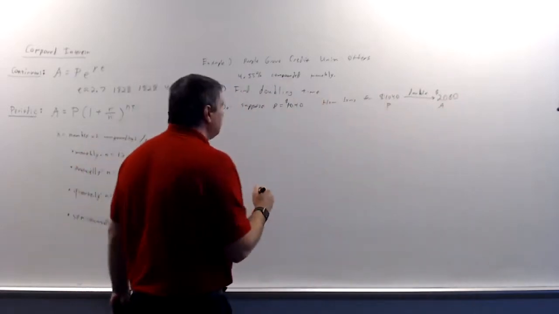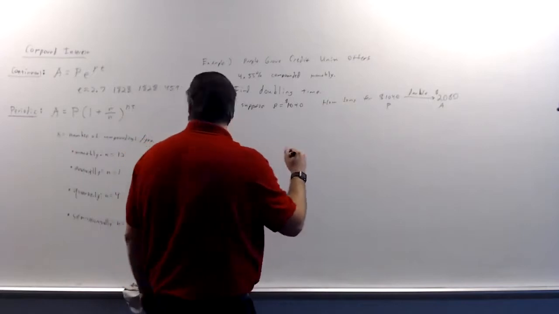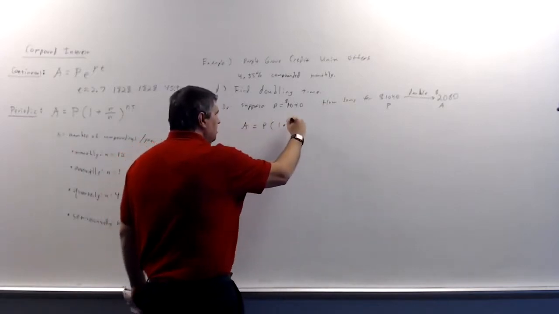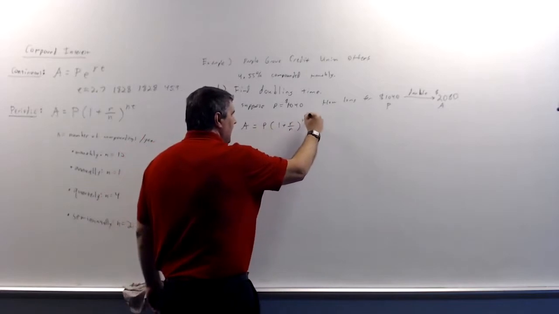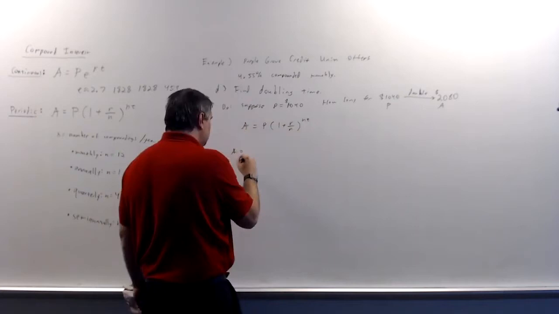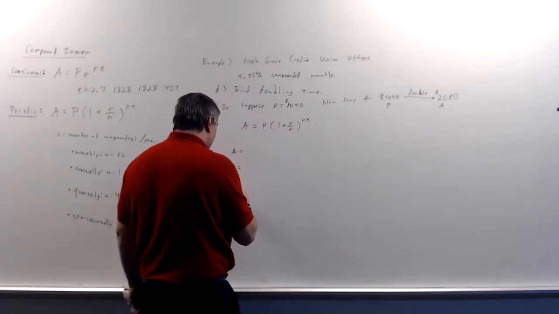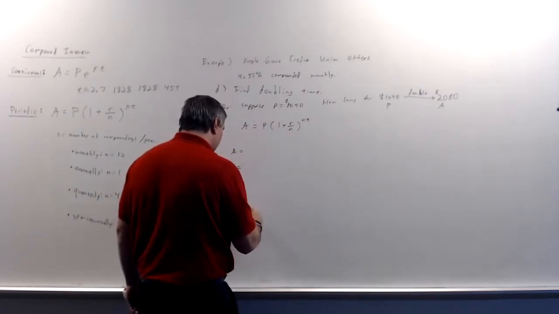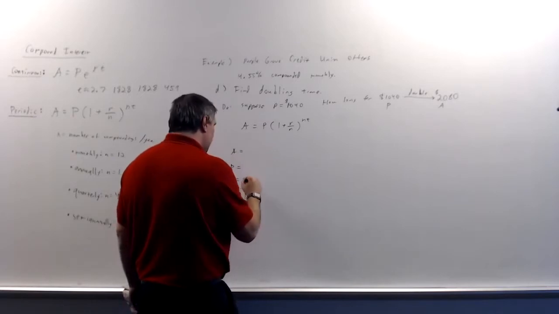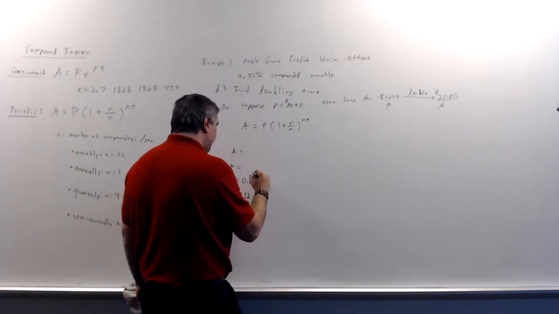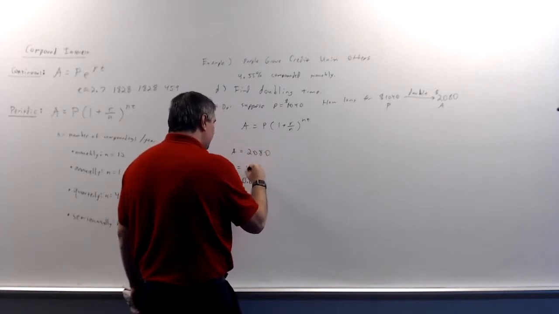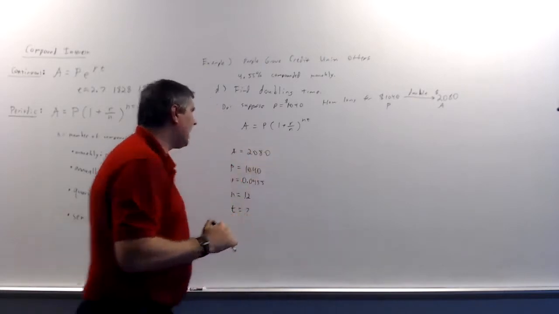So how long, if the formula is A equals P times 1 plus R over N to the nth power, where A equals, P equals, R equals, N equals, and T equals. We don't know the time, that's the question. It's compound monthly, so 12 times a year, 0.0455. A is 2080, and P is 1,040.